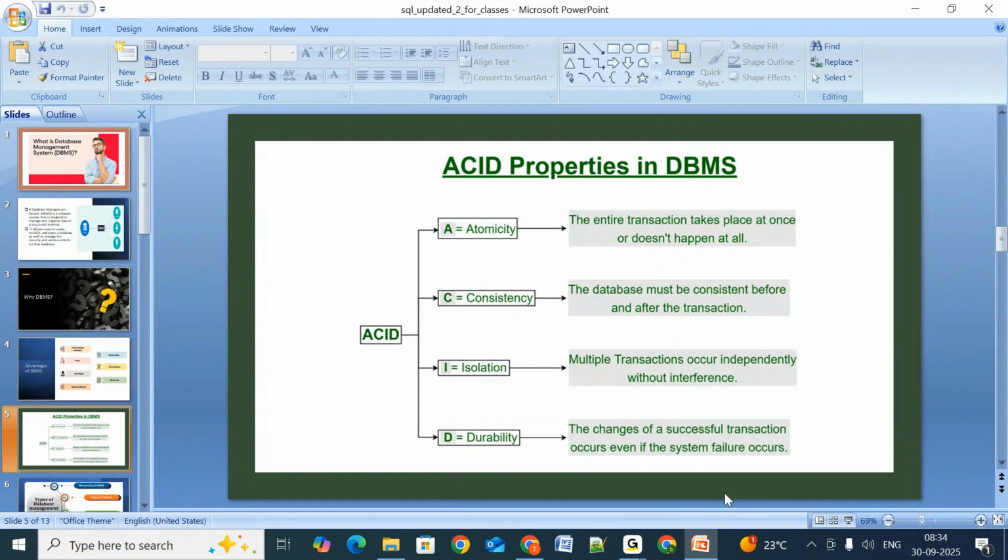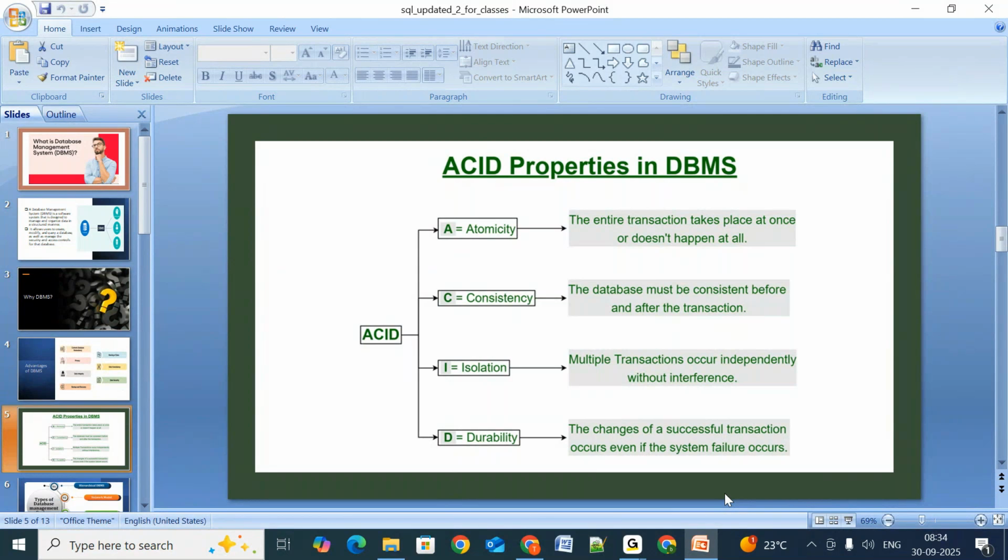Now, this is an example. Just keep this example in your mind. Now I will try to apply this example to the ACID properties. The very first one is atomicity. You have a definition here: the entire transaction takes place at once or doesn't happen at all.